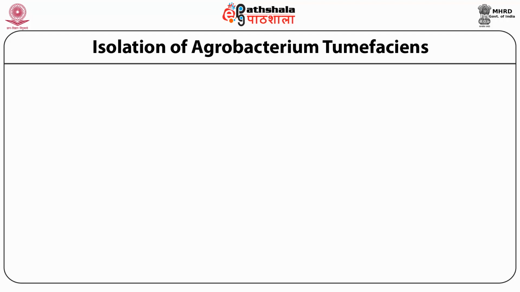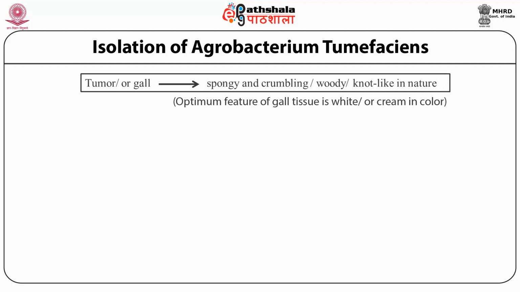During the process of isolation, first of all, we isolate the tumor or gall from the infected part. The tumor or gall in the infected plant part is spongy, crumbling, or a woody knot-like structure.